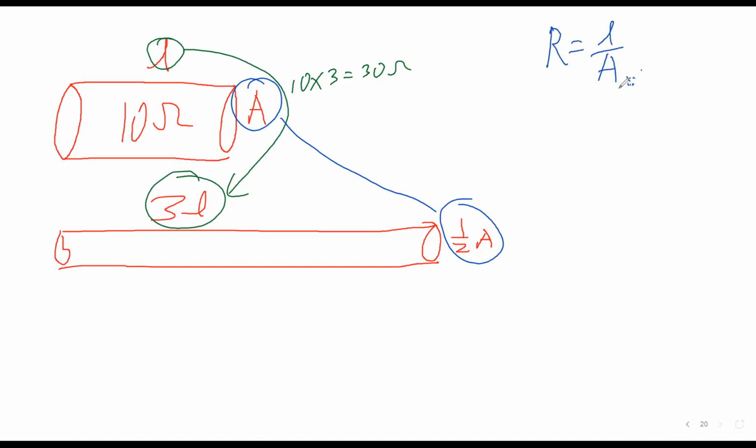If I halve the area, it becomes smaller, so shouldn't my resistance increase? It increases by times 2 again, so your 30 ohm times 2 becomes 60 ohm.